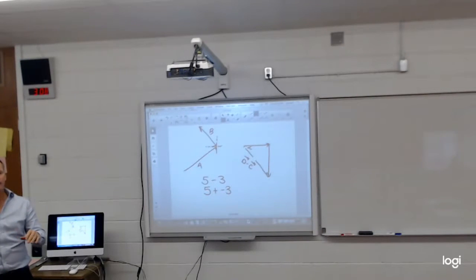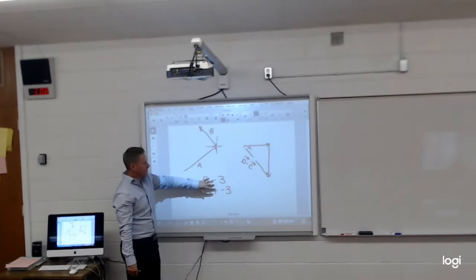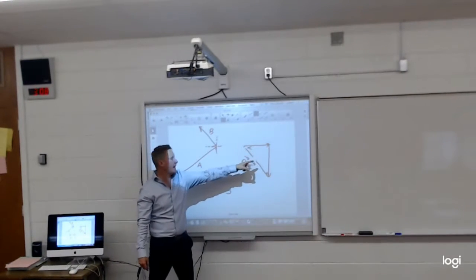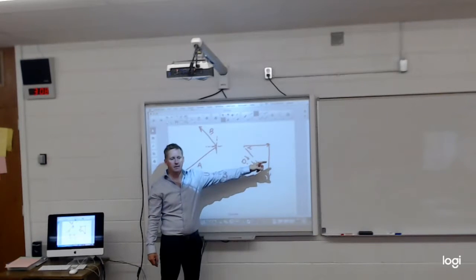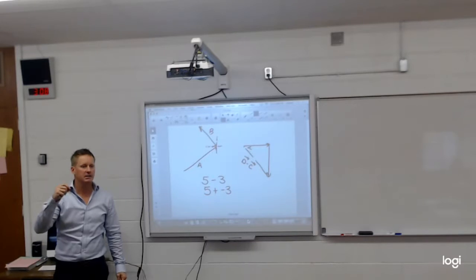5 subtract 3 or 5 add negative 3 means the same thing. You're still going left on your number line 3 from 5. How I equate this is to this: I'm basically adding the negative of that vector. And when you change a vector and put a negative in front, all you're doing is changing its sign.